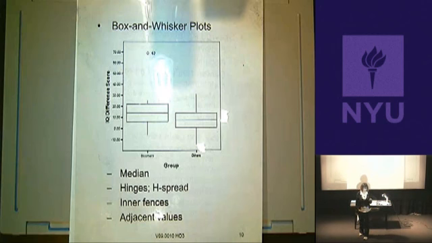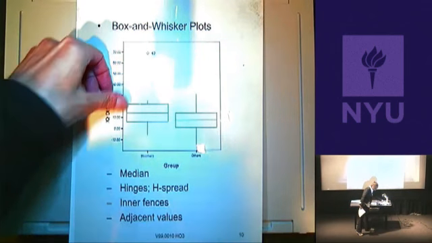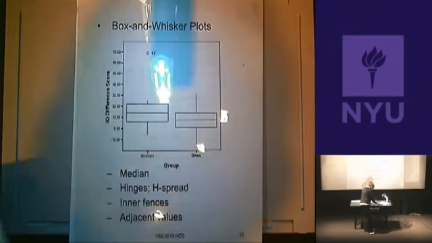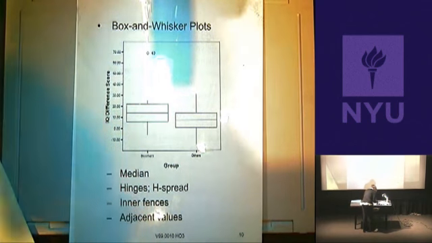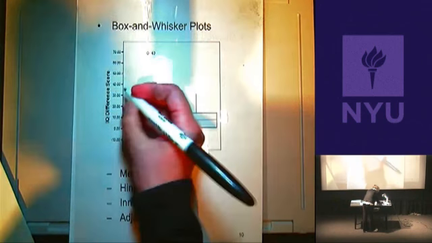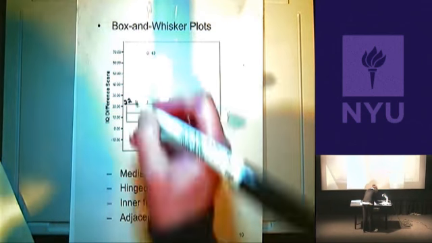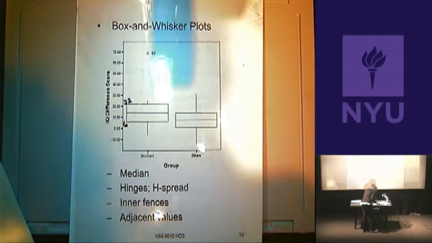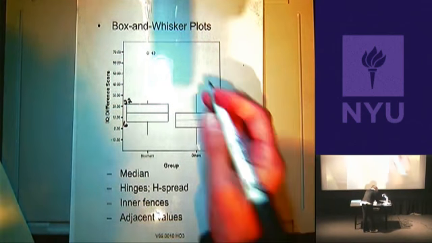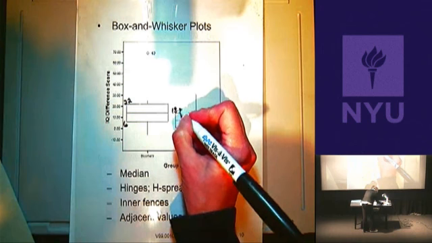But for our intents and purposes, 25th and 75th percentiles is just fine. Okay? So up here would be the 75th percentile. Down there would be the 25th percentile. Let's find it for this example. Let me put those numbers in for you. Okay? So for the bloomers, this upper hinge is 22, and the bottom hinge is 6. Whereas for the others, the top is 13.5, and the bottom is 0.5.